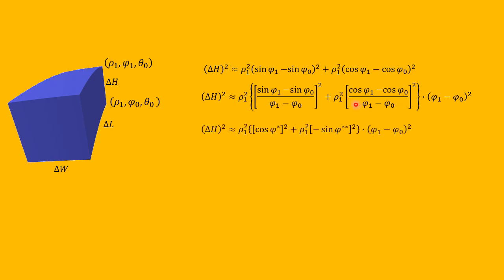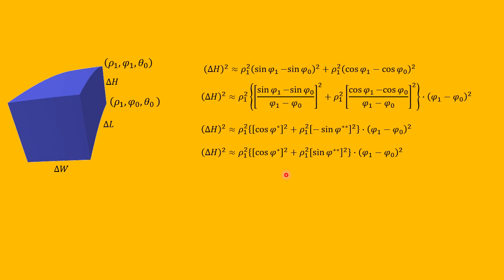And by the mean value theorem then, sine phi 1 minus sine phi naught over phi 1 minus phi naught is equal to cosine phi star for some phi star between phi naught and phi 1. Similarly, this fraction in here is equal to sine phi double star for some phi double star between phi naught and phi 1. And they're both squared, so we do have squares there. And then it's times this difference squared.